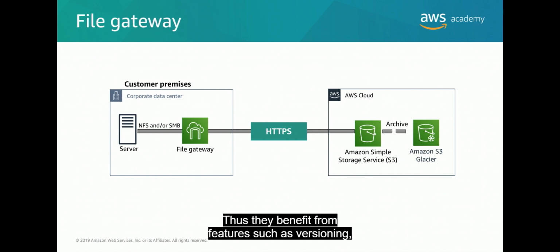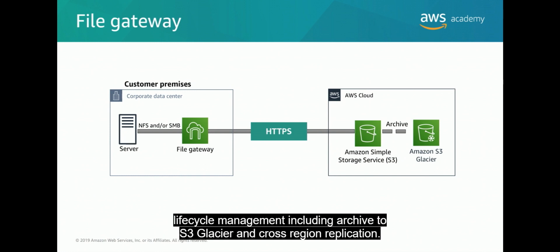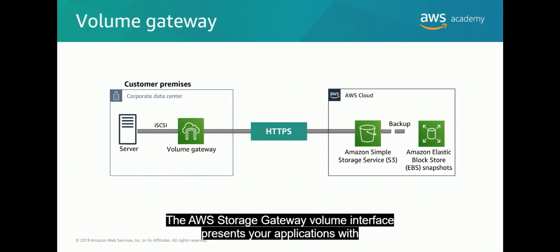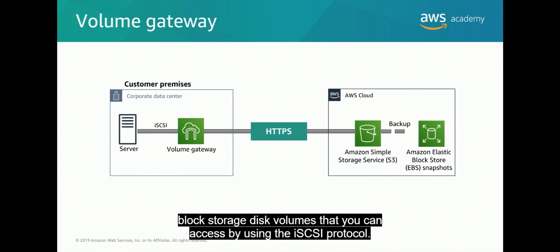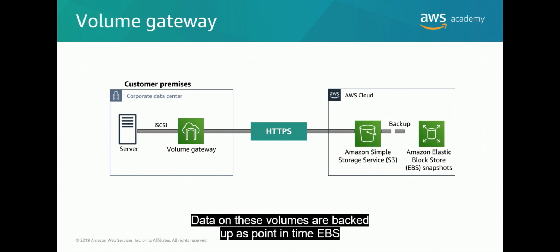Thus, they benefit from features such as versioning, lifecycle management, including archive to S3 Glacier, and cross-region replication. The AWS Storage Gateway Volume interface presents your applications with block storage disk volumes that you can access by using the iSCSI protocol. Data on these volumes are backed up as point-in-time EBS snapshots that you can access through Amazon EC2 if needed.